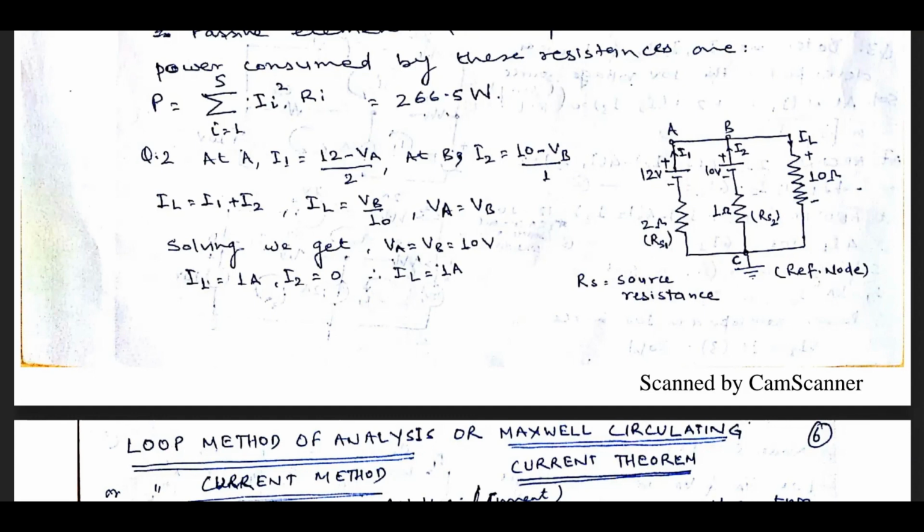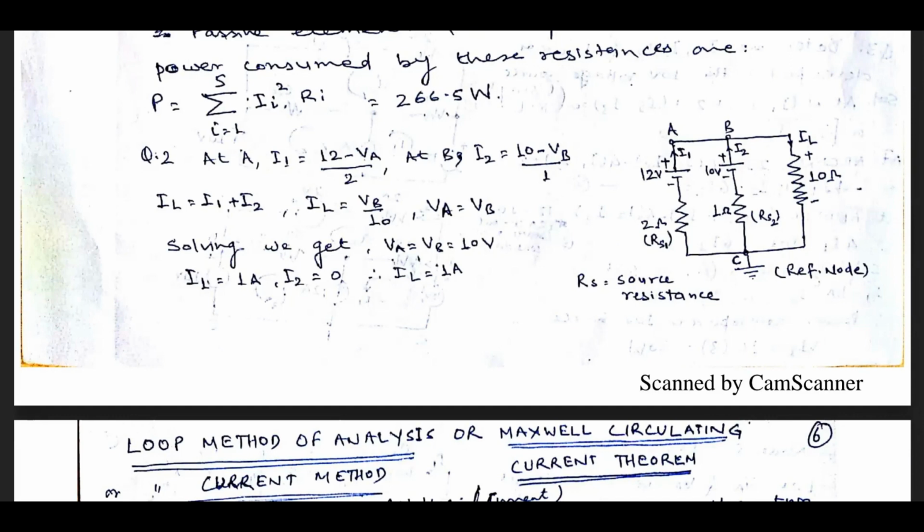So current I1 is 12 minus VA upon 2. And if we closely see, the branch connected between node A and node B does not have any resistance. So we can assume that A and B nodes are equipotential, which means VA is equal to VB, as written here.